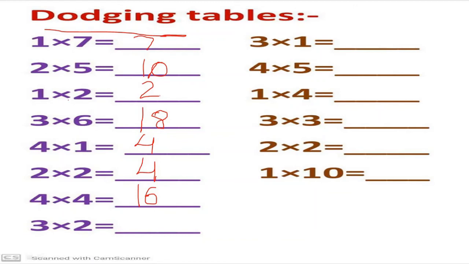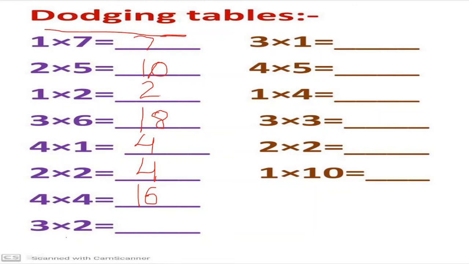So it is most necessary for all of you that first of all you memorize the tables. Then and only then can you solve the dodging table, my dear students. So give me a promise that from today onwards, you are definitely going to learn the tables each and every day, my dear students. As we have learnt tables 1 to 4 till now, I have written the dodging table of tables 1 to 4 only.